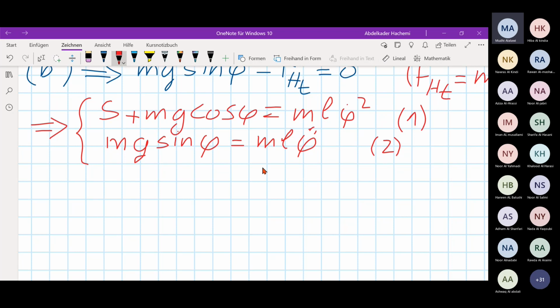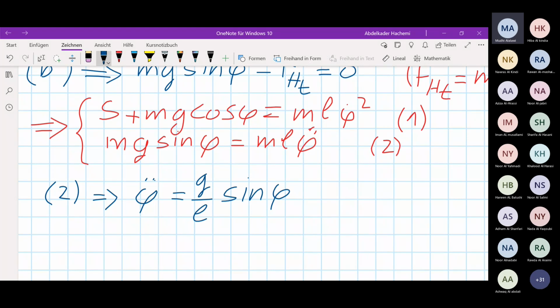Then from relation 2, we get the expression of phi dot dot equal to g divided by L sine phi.